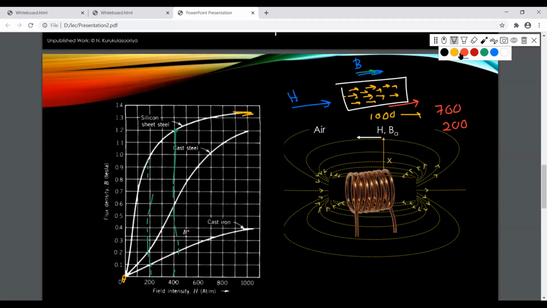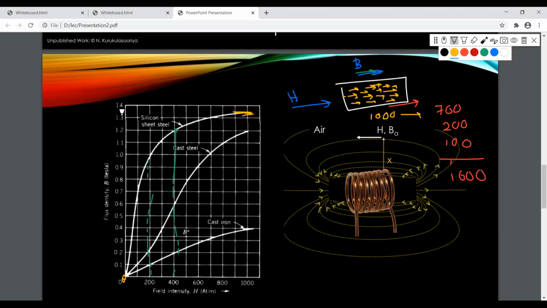So once all the 1,000 domains are in the direction of the magnetic field, no matter how much you increase the ampere turns, there are no molecules to rearrange in this direction. So the flux would remain constant.